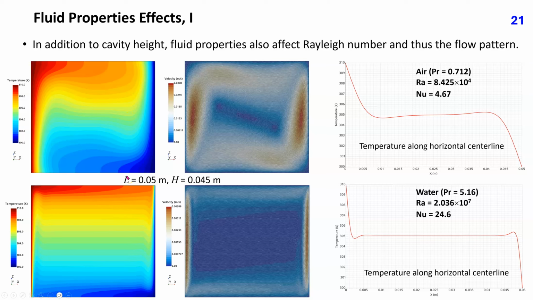The Prandtl number for air is 0.712, which leads to the Rayleigh number of 8.4 times 10 to the 4. The Nusselt number for the resulting flow came out as 4.67.